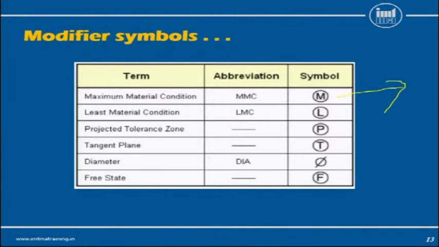The other symbols like L, which signifies least material condition, the P, T, F, etc. are used a bit rarely, and of course the diameter symbol is again common in some of the orientation parameters and location parameters. We will discuss the individual meaning of each symbol as we go along our discussion.